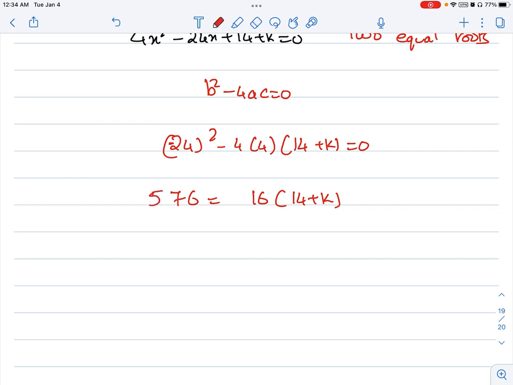So 576 divided by 16 gives me 36. So 14 plus k is equal to 36. k is equal to 22. That's going to be the answer.